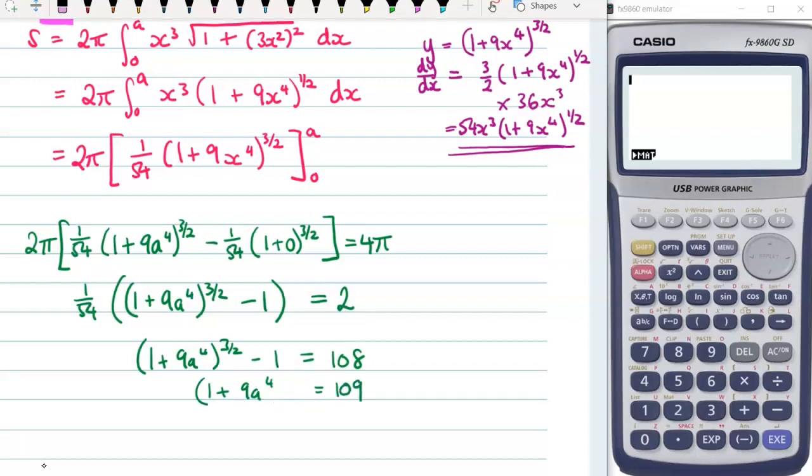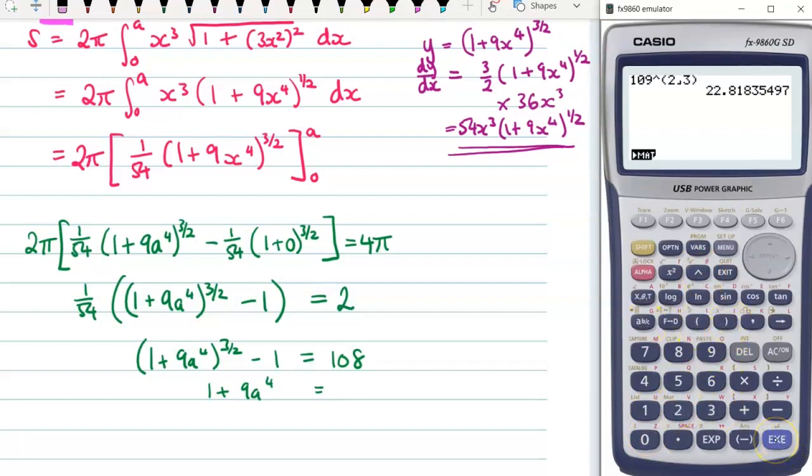So if I do the power, 109 to the power of 2 over 3 to undo the 3 over 2 power, gets us a decimal. So 9a to the 4, we take off 1, divide it by 9.